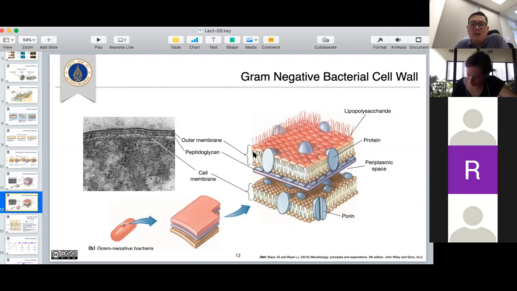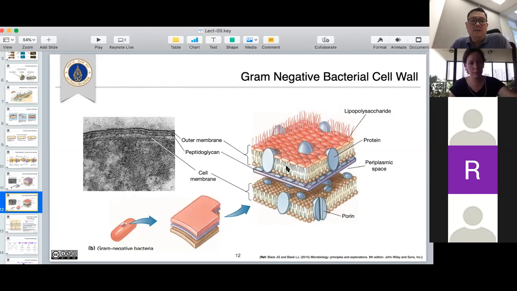In between the outer membrane and plasma membrane, there is a space we call the periplasmic space or periplasm. In this area, you can find peptidoglycan, a thin layer, maybe one, not more than 5 layers of peptidoglycan, compared to gram-positive that may have more than 40 layers of peptidoglycan.